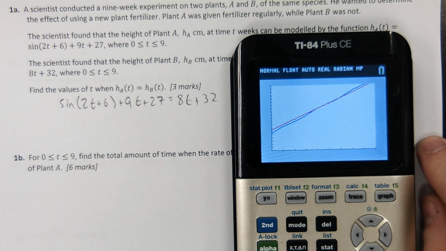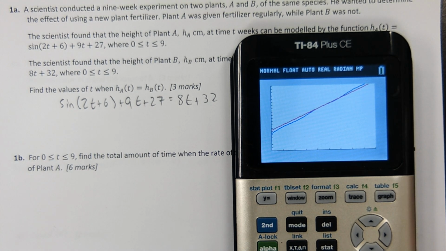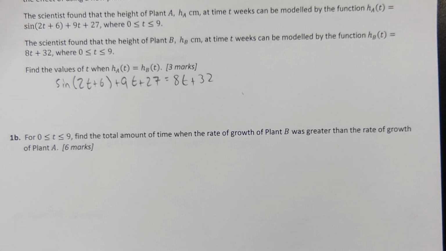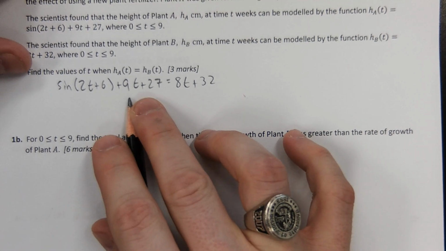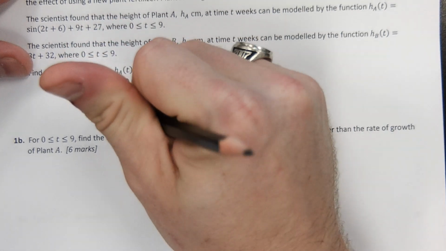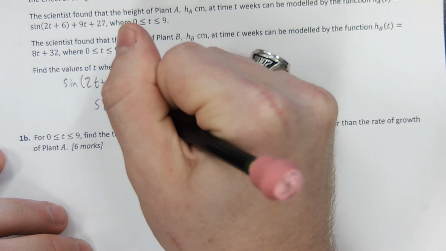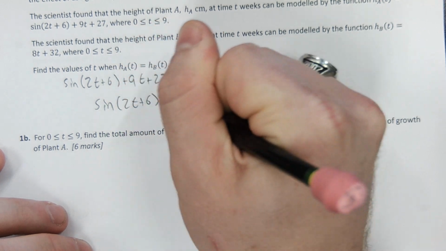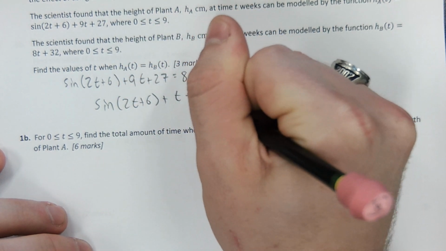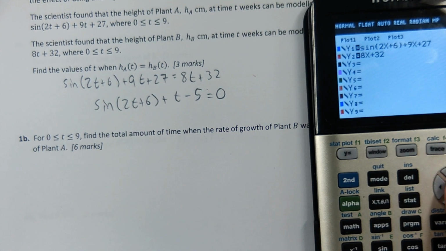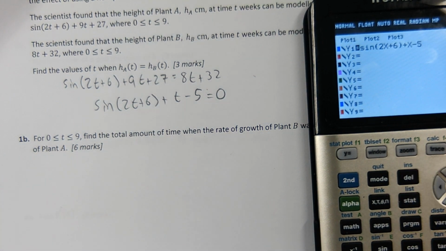I brought it all to one side, set it equal to 0, and then I looked where it crossed the x-axis. So subtract 8t, subtract 32, and what you get is a standard trig equation: sine of 2t plus 6, plus t, minus 5 equals 0. So we'll clear that one, and then minus 5.